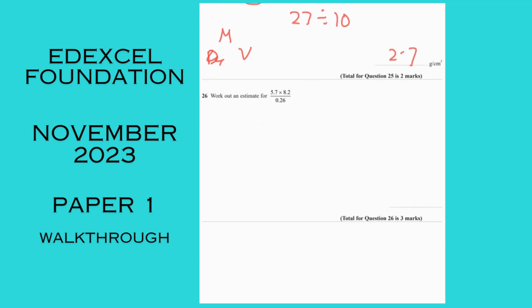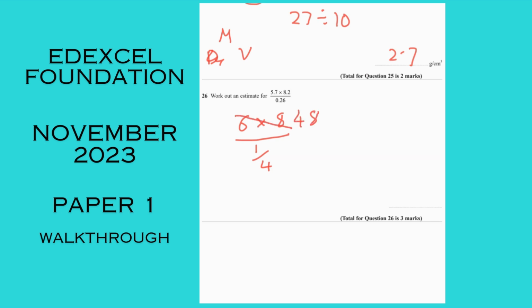Number 26, don't round them off, so they're like 5.5 or anything, or 10 or anything like that. I would round off the 5.7 to make 6, the 8 to make 8, and the 0.26, which is close enough to 0.25, which is a quarter. So on the top, we've got 8 sixes, 48.